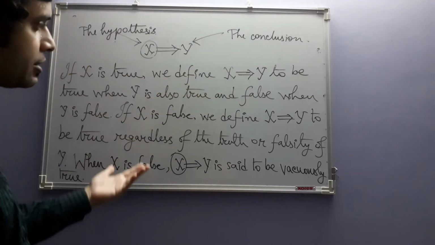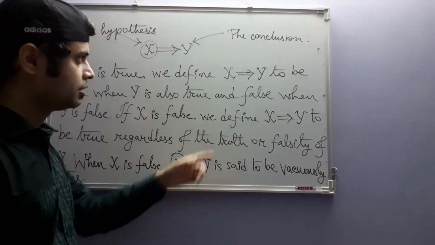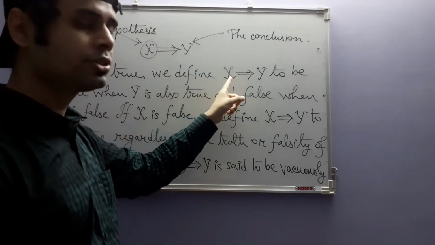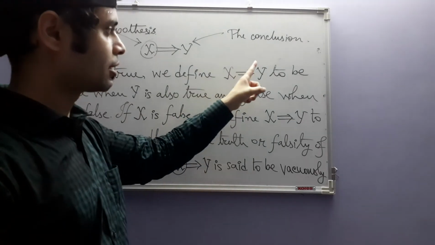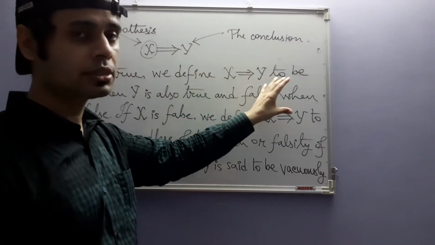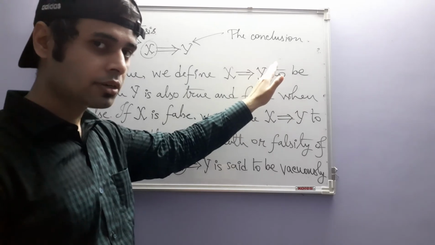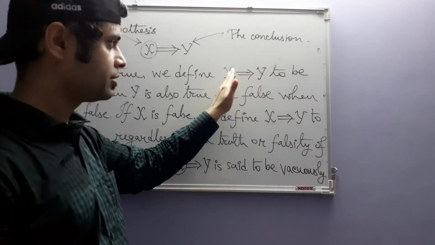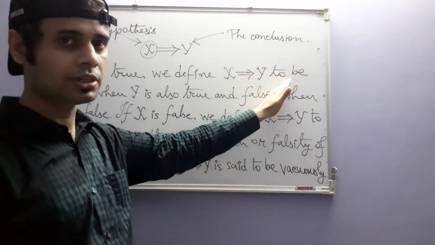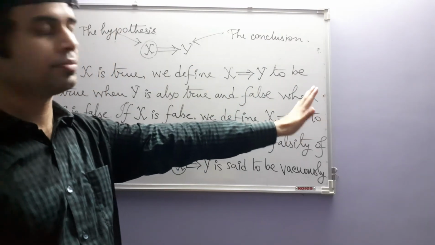So what the implication says, let me just repeat once more. When the hypothesis is true, the implication is defined to be true if and only if the conclusion is true. If the hypothesis is true and conclusion is false, then the implication is false.